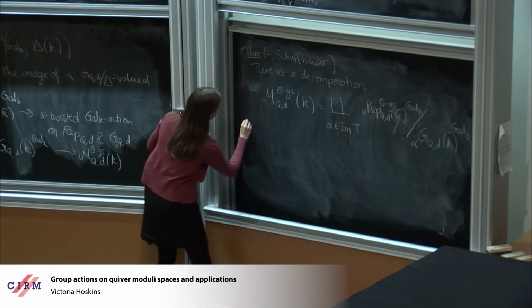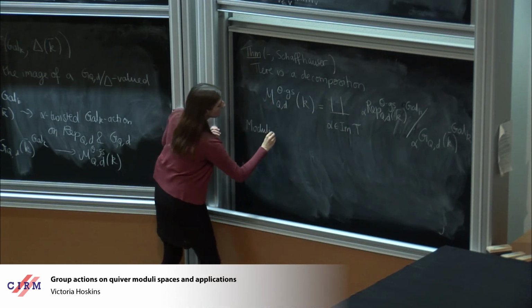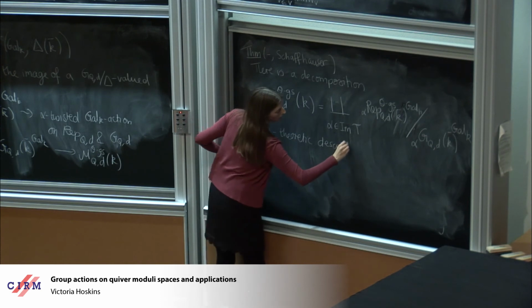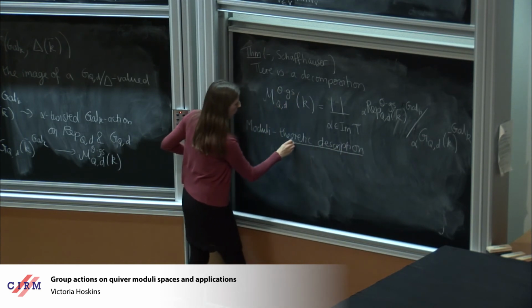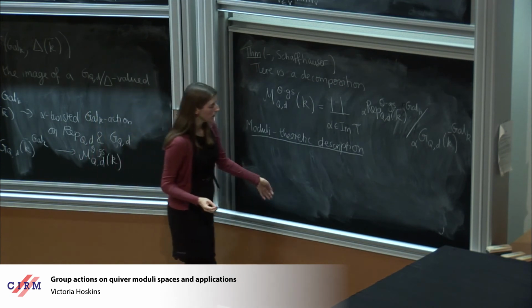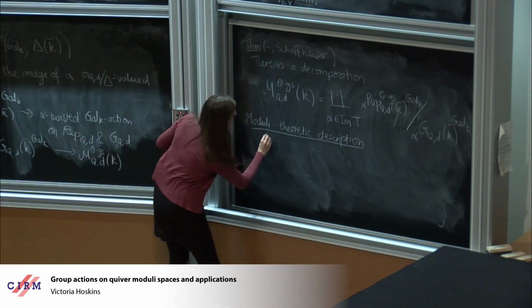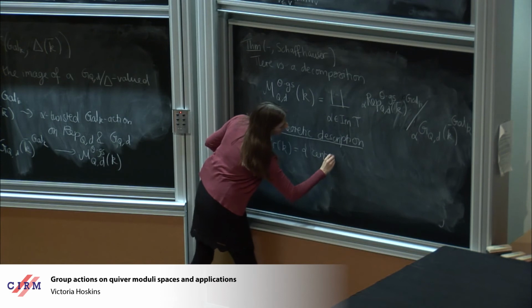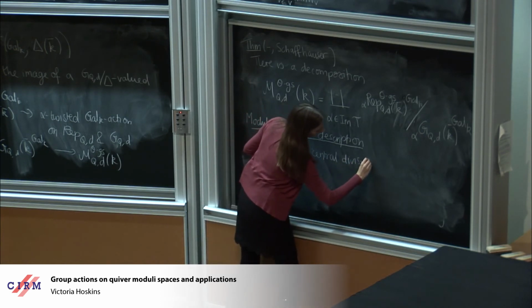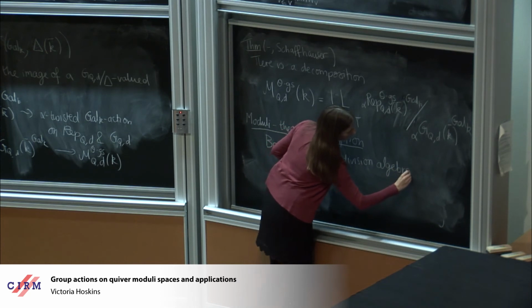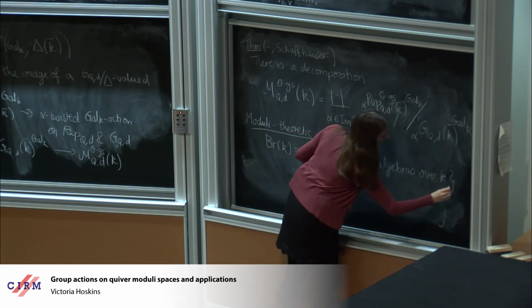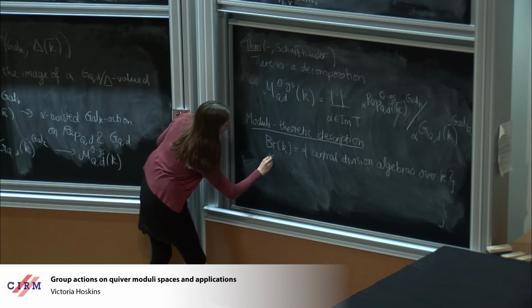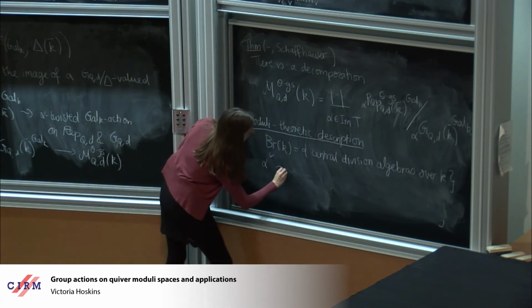And so we give a moduli theoretic description, which now, rather than thinking of the Brauer group as classifying GM gerbs on K, we're going to think of it as classifying central division algebras over K. So then each class alpha in here, as I was writing it before, corresponds to some division algebra D.